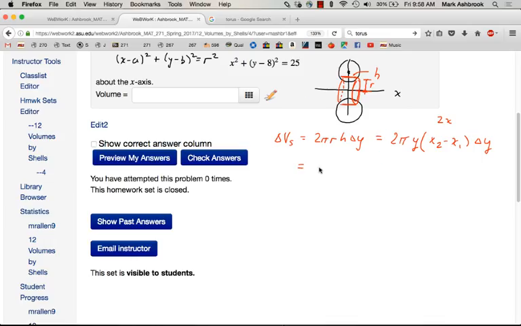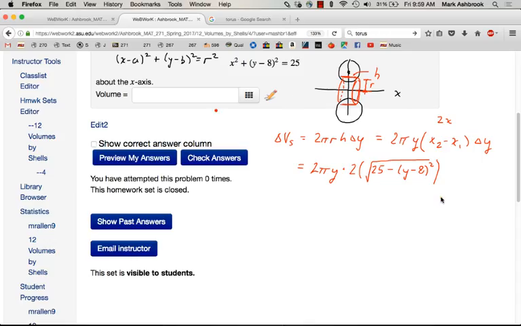So which one do we have to change? So 2 pi just stays, that stays y. And then we need 2x, so what is the x coordinate here? Well, it's the x coordinate of a point on the circle. So we're going to solve our circle equation. It's going to be the square root of 25 minus y minus 8 squared. So when we take the square root, you would have plus or minus, right?